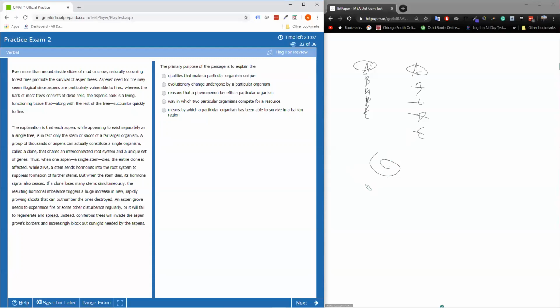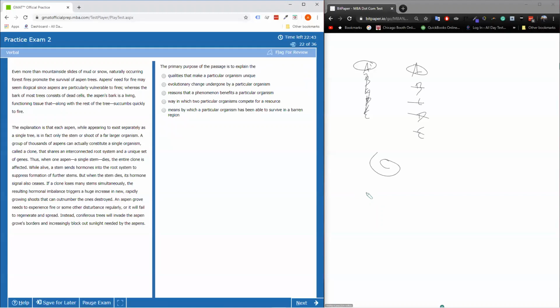The explanation is that each aspen, while appearing to exist separately as a single tree, is in fact only the stem or shoot of a far larger organism. A group of thousands of aspens can actually constitute a single organism called a clone that shares an interconnected root system and a unique set of genes. Thus, when one aspen, a single stem, dies, the entire clone is affected.